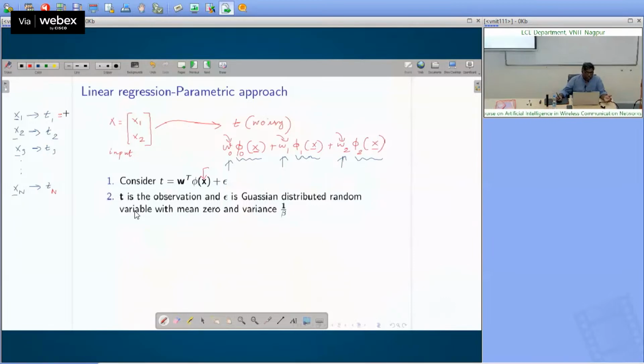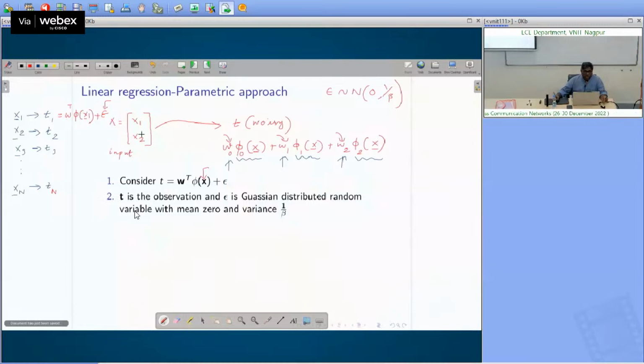So T1 is modeled as W transpose phi of x1. This is the main relationship between x and t. But very important is the second term, which is the epsilon. Epsilon is a random variable that follows a Gaussian distribution with mean 0 and variance 1 by beta.